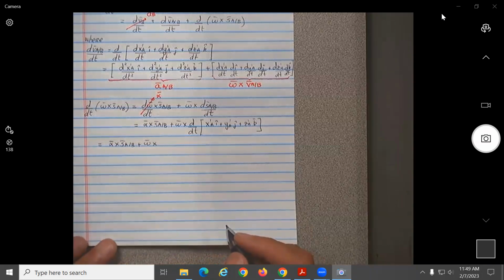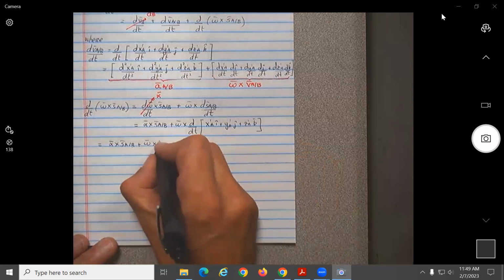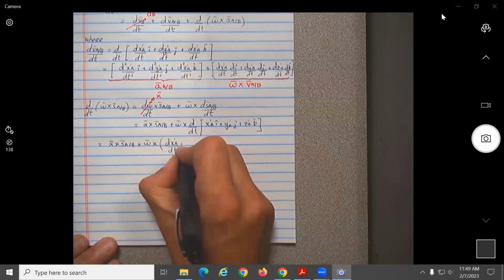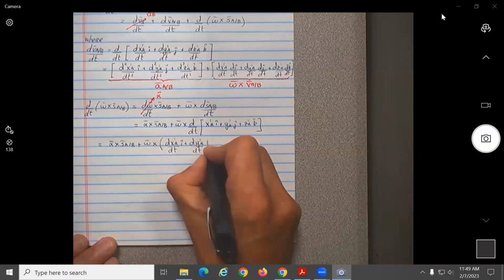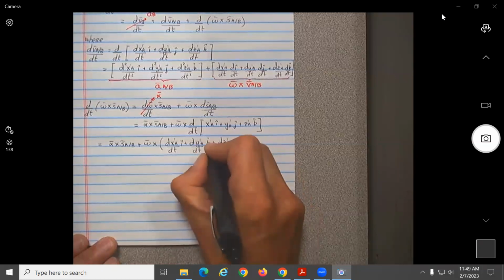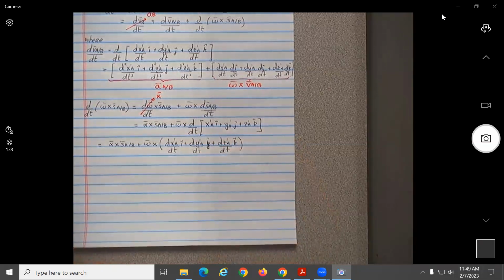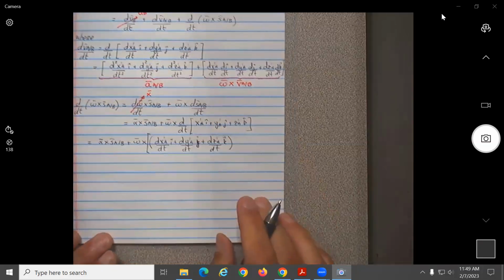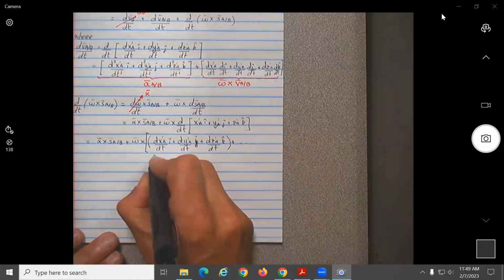One term will be omega cross, in brackets, dx'A/dt i plus dy'A/dt j plus dz'A/dt k.